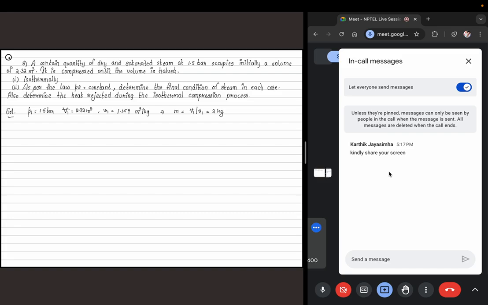So what do you have to do now? In case of an isothermal process, what is the final state? If your volume is halved, so V2 is halved, the mass of the system is remaining constant, so your specific volume V2 will also be halved.